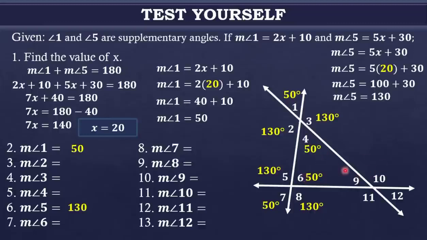Paano natin kukunin ito? Walang isang angle na given. So, dito ka titingin. Kapag meron kang triangle, so this is a triangle, pag meron po tayong triangle, tatandaan na ang sum ng interior angles niya, pag sinabing interior angles, yung nasa loob, is always 180.